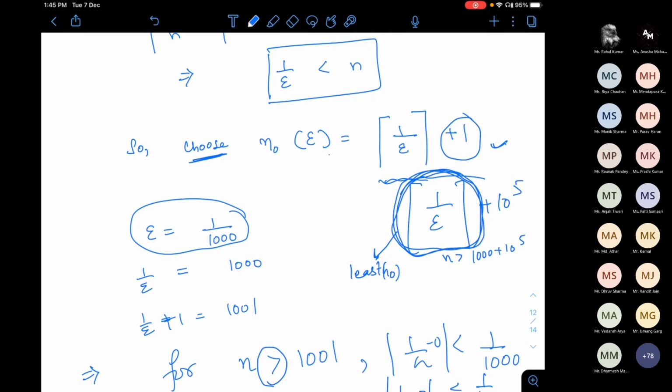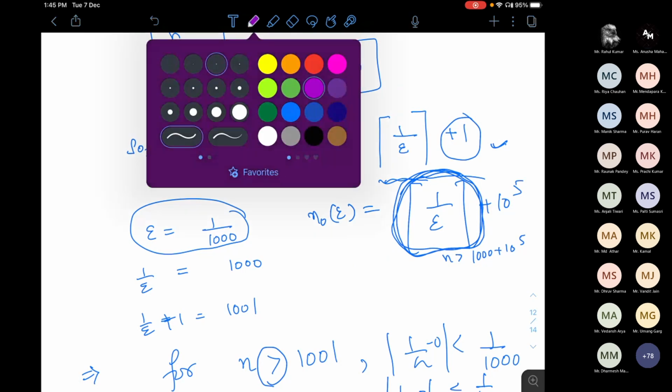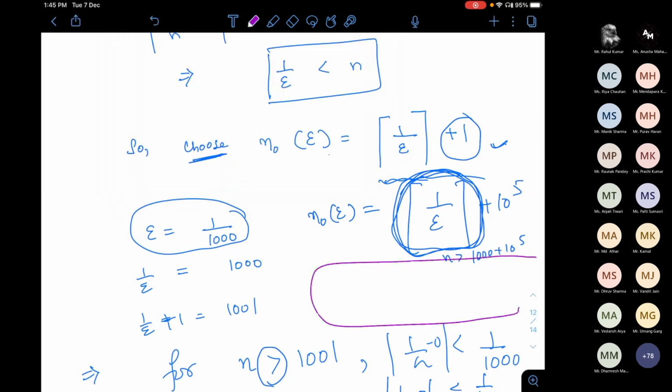You can define this function to be like this as well. But in case we have to choose the least n naught, then n naught of epsilon is nothing but 1 by epsilon.